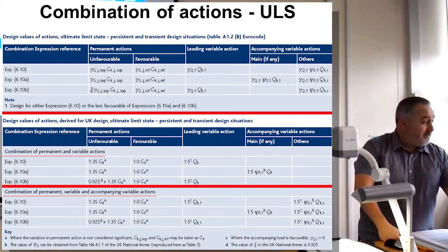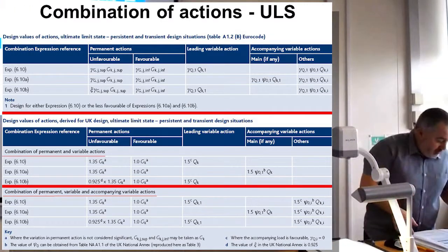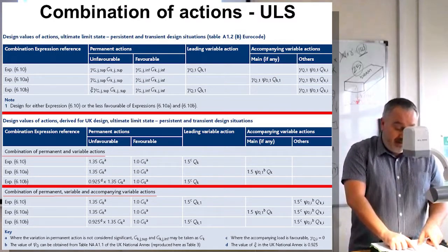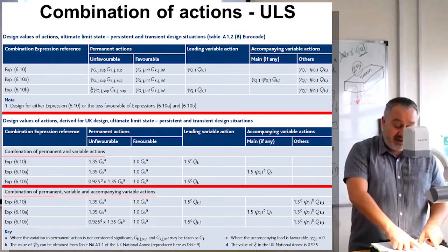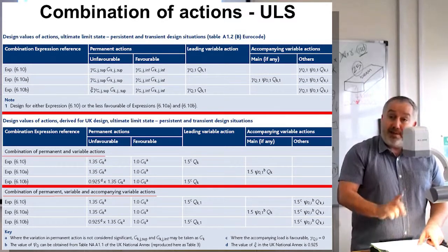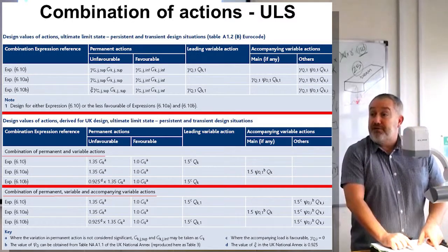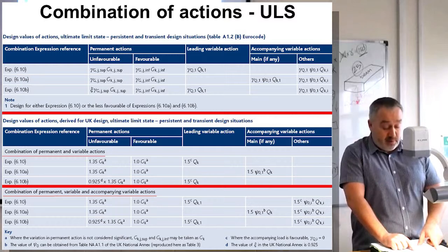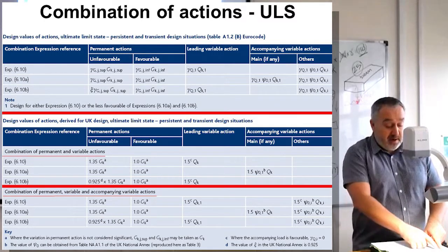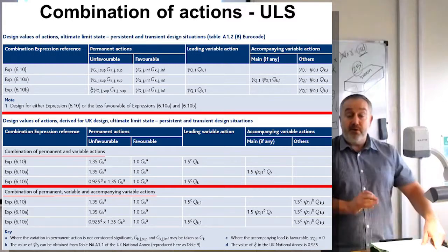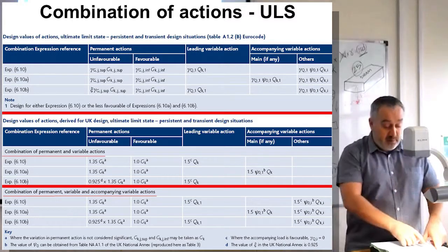So these are all the formulas. There's 3 equations for working out the design values of actions. What you're meant to do is use all 3 and then choose the worst case. That's what you're supposed to do. So equation 6.10, which may be the one that you mainly use, which will give the worst case.